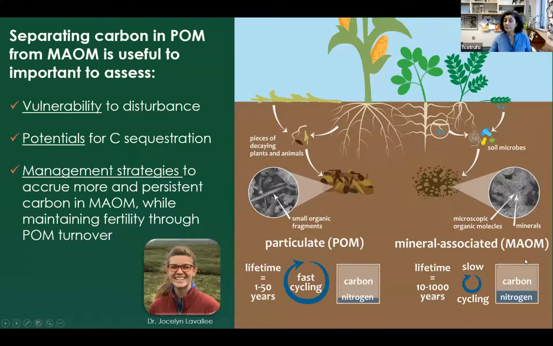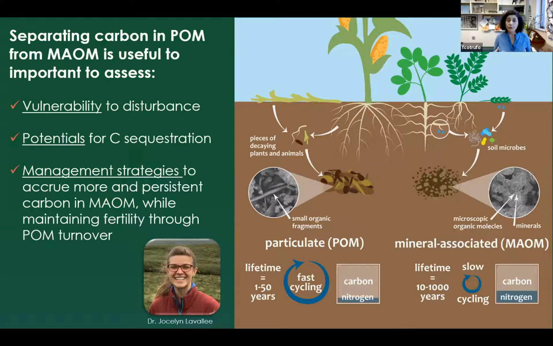And the mineral-associated has the caveat of requiring more nitrogen because it's contributed more from microbial components, but on the other hand, is protected by the mineral association and therefore has a slower turnover on average. There is also some faster turnover mineral-associated organic matter. But we are now stressing this framework because we believe that POM and MAOM actually have contrasting vulnerability, potential to sequester carbon, and respond differently to management.